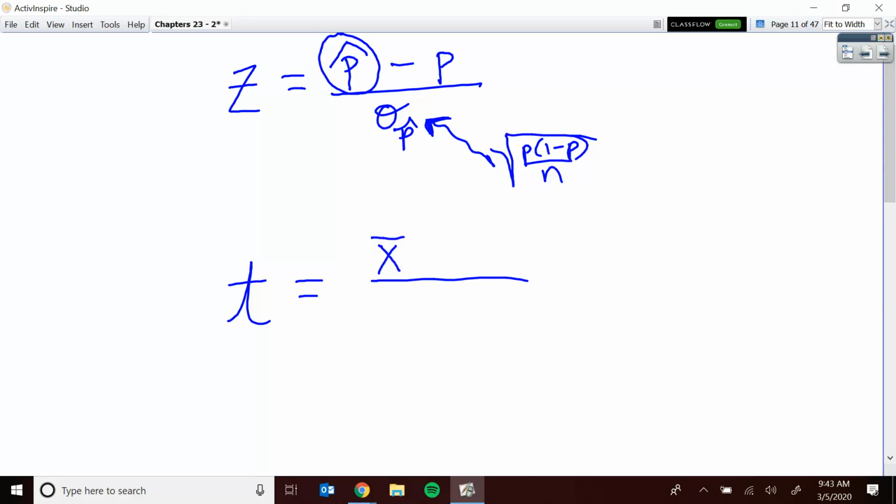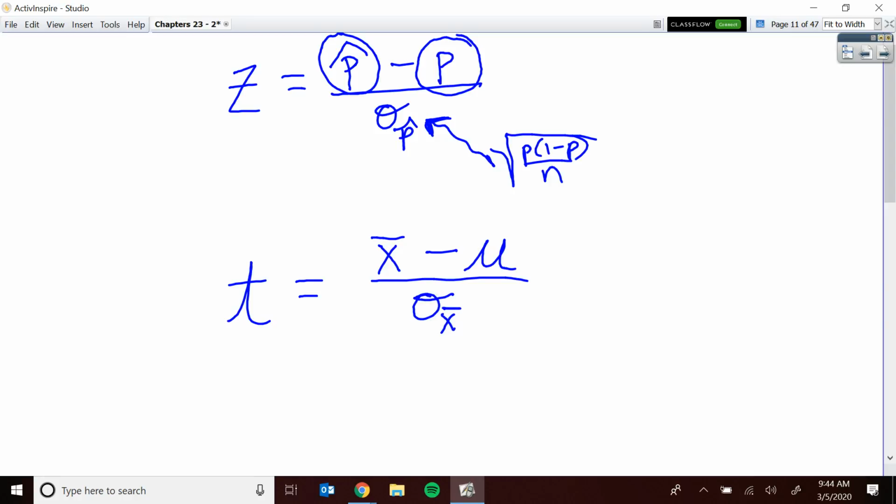Minus, what would be equivalent to the population proportion p with our means? The mu for our population mean. So it's the sample minus the population value. We're seeing how far away our sample is from that claimed population value. And then on the bottom, it needs to be the standard deviation, not of p hats, but the standard deviation of x bars.